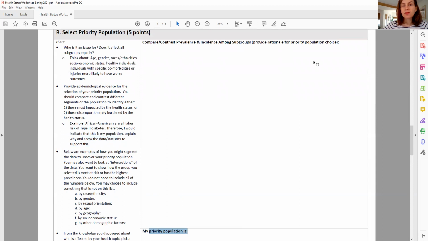But here you should have a whole bunch of data that you collect that shows the distribution of the burden of this disease or outcome. And then based on that, you can narrow it down and say, based on this information, I'm focusing on African Americans in San Antonio, given the particularly high rates of lung cancer in this population. That's an example.